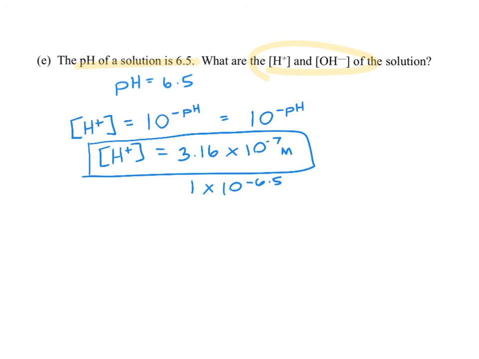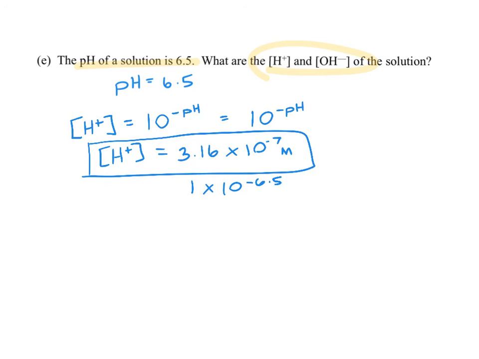But the problem is that they don't like exponents to be in decimals. That's why it kind of looks different when you put it in your calculator. Like the negative 6.5 isn't real nice decimal-wise. So if this comes up, I wouldn't say you'd be wrong with that. If you want to go ahead and use that as the answer, you're not necessarily wrong. But I would say the more correct way is to plug it in your calculator and get the 3.16 times 10 to the negative 7th.